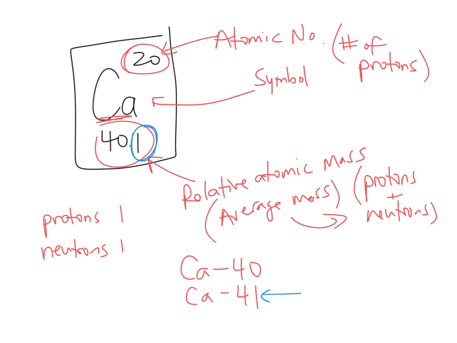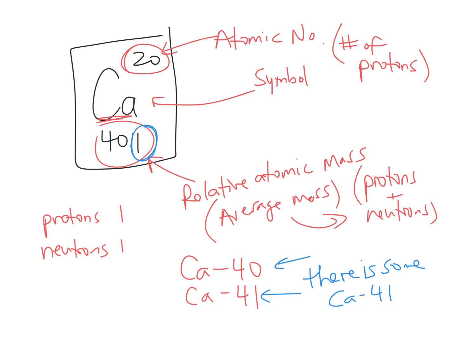That's to show you that in a natural sample of calcium that we find on Earth, there is still some of this. Okay, there's some calcium 41 that's contributing to the mass. It's mostly this, right? Mostly calcium 40. That's why that number is closer to 40 than it is to 41.